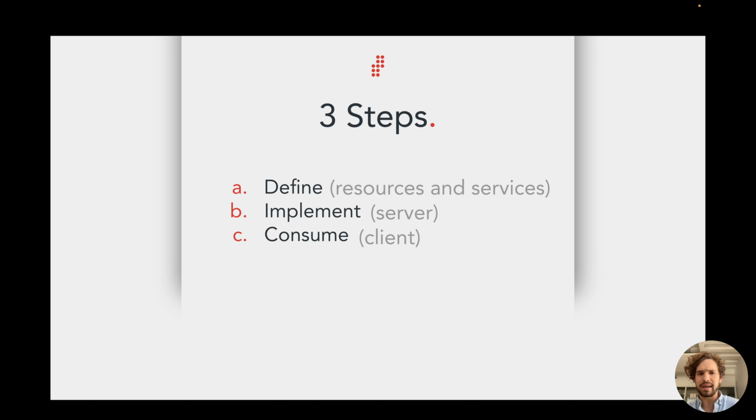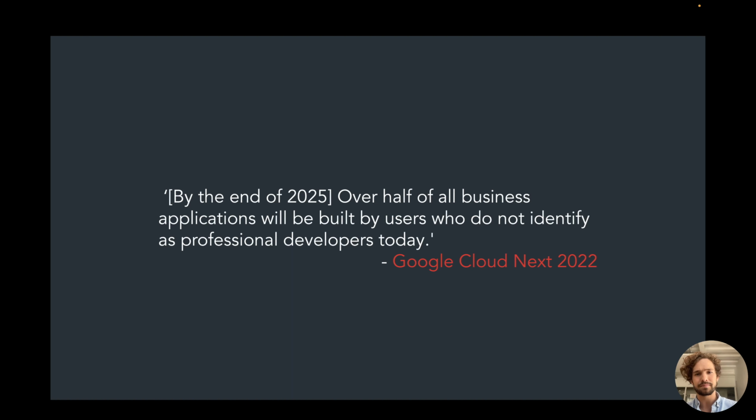And so defining entails establishing what the resources and services are that are required by our application. Implementing is then taking these resources and services as they are defined in our .proto files and actually creating a server in Go using gRPC or any programming language for that matter. And then consume is that we need to have clients that are actually consuming these services that we've created.